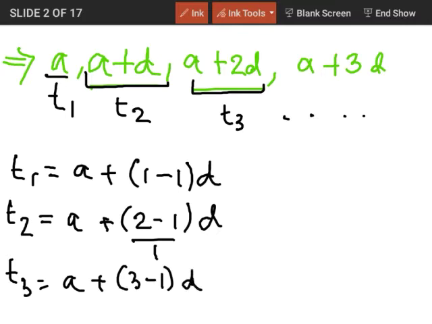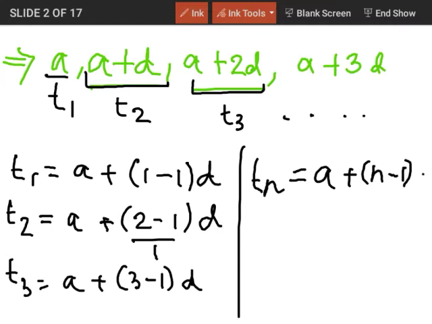Now if you have seen a pattern, can you tell me what will be the nth term? The nth term will be nothing but a plus (n minus 1) into d, right? Because we have seen a pattern. In the first term we subtract 1 and multiply it with d, so that we get the first term.